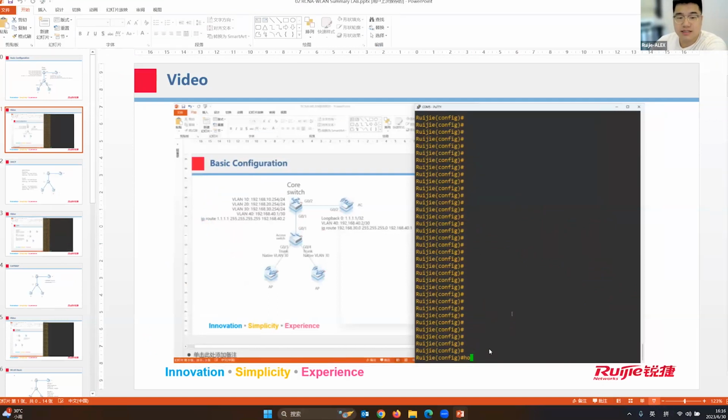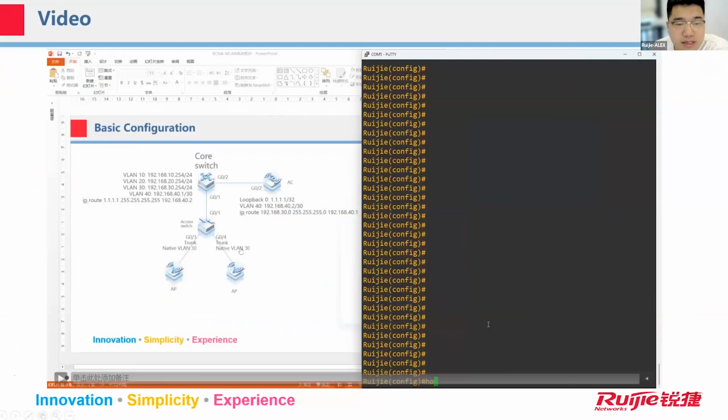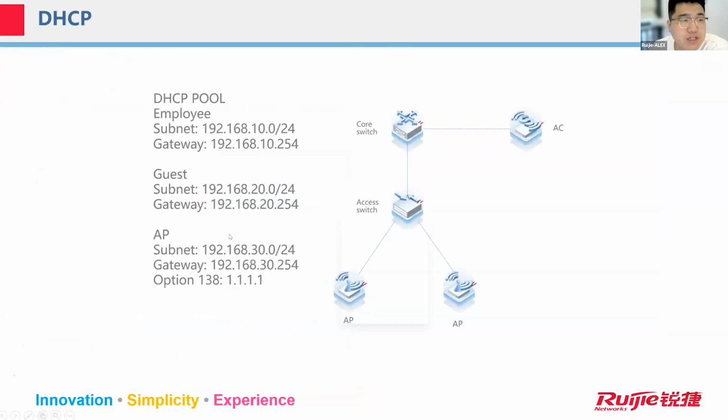And next, after finishing the basic configuration, is the configuration of DHCP. Okay, on the core switch, we should create 3 DHCP pools. Employee, whose subnet is 192.168.10.0, gateway is 10.254. Guest belongs to VLAN 20, so here the subnet is 20.0, and the gateway is 20.254.